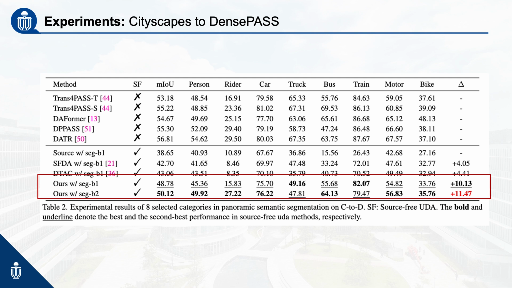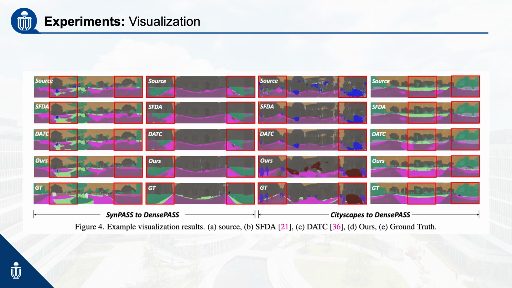Consistently, our methods also achieve state-of-the-art performance among all the source-free methods on the Cityscapes to Dense Pass benchmark. And we provide some visualization results on both benchmarks, and our methods achieve the best qualitative results.